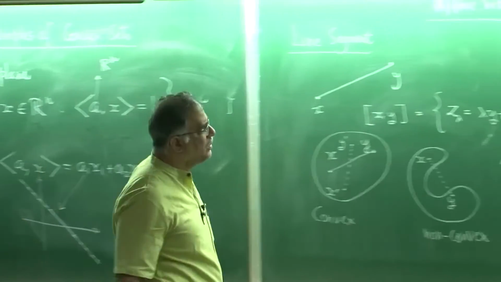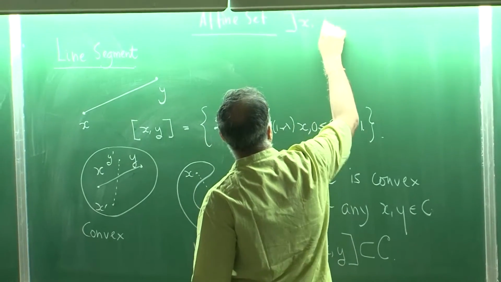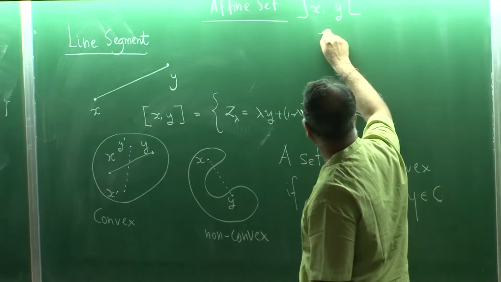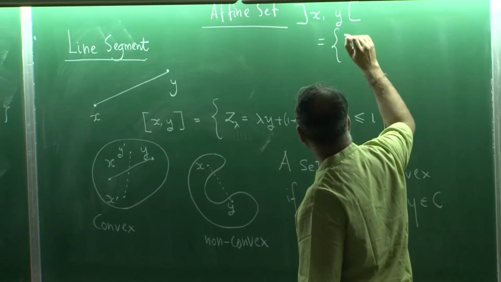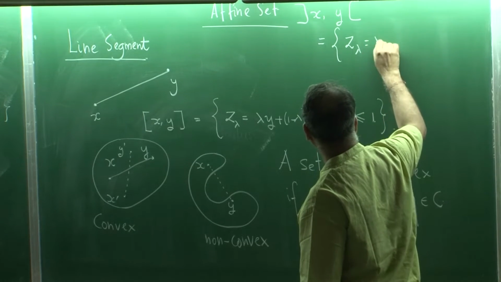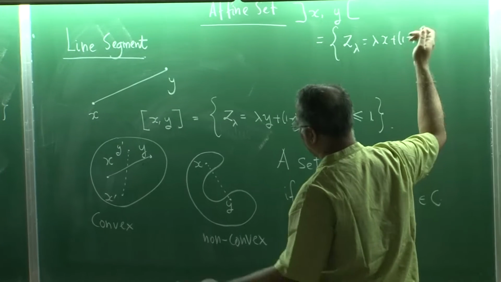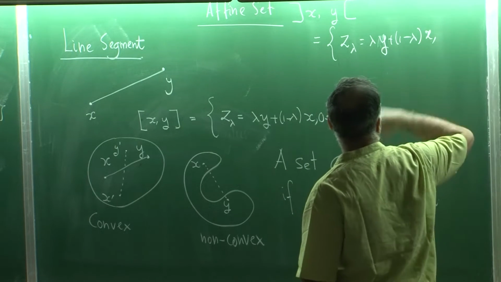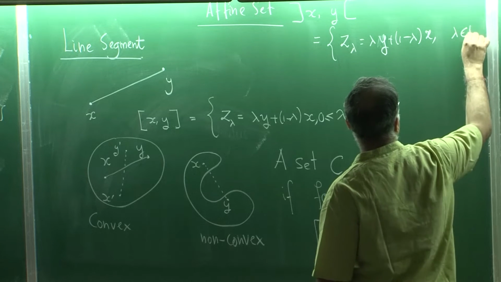What is the meaning of a line passing through x y? A line passing through x y is usually denoted as the set of all z lambda of the form lambda x plus 1 minus lambda y, or lambda y plus 1 minus lambda x, where lambda is an element of the real line.